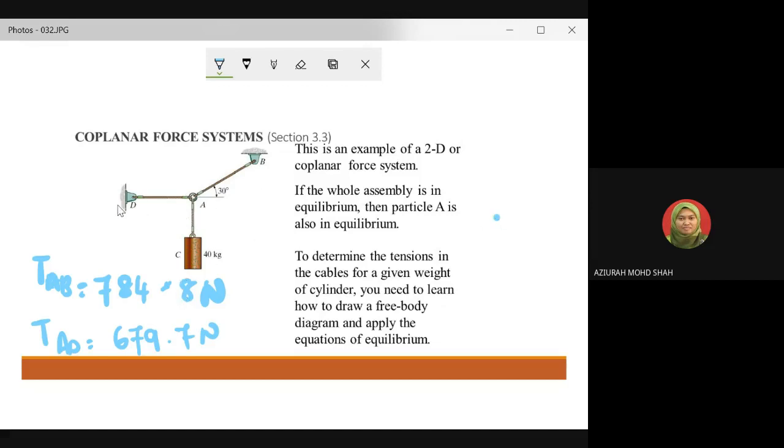And for TAD we only have the x component, TAC we only have y. So we do the summation of the x components, which come only from TAB and TAD. The y component is only from TAB and from the weight of the cylinder. So itu yang kita kira.